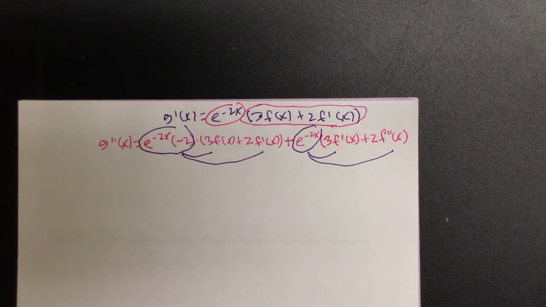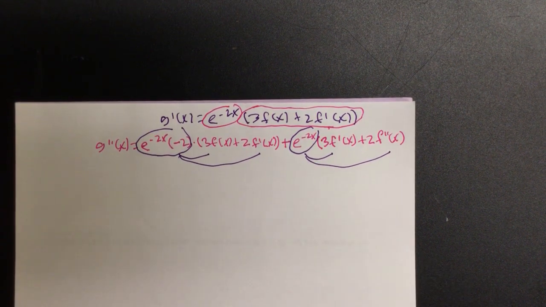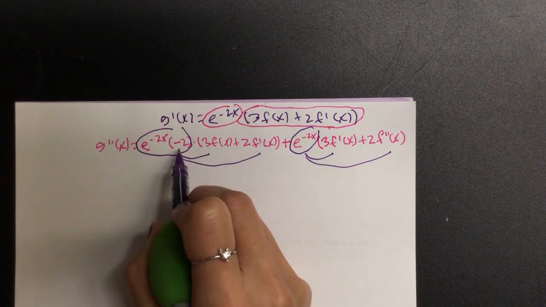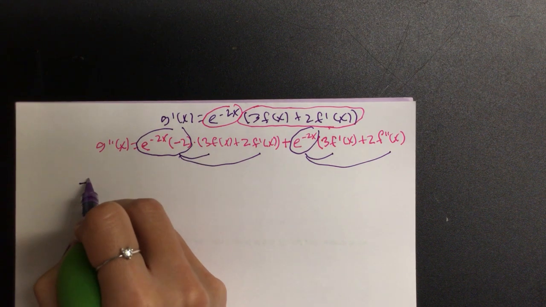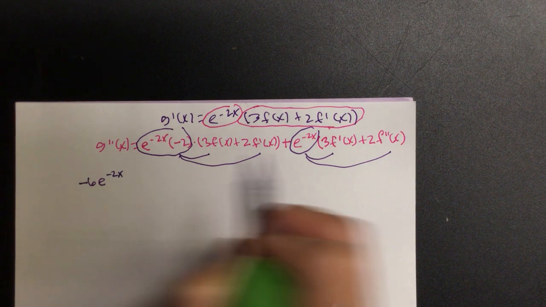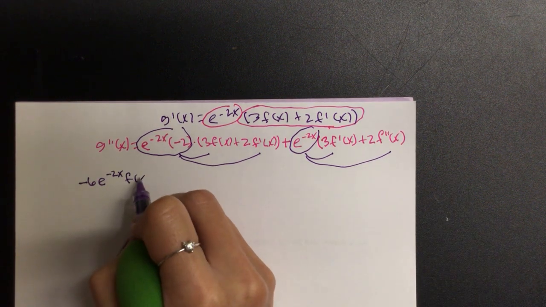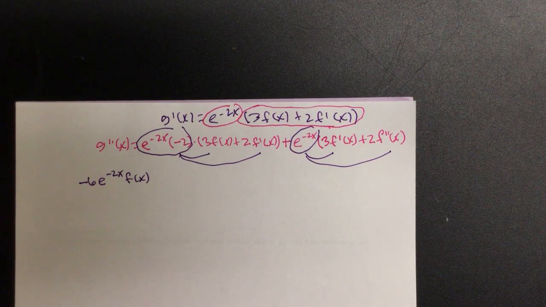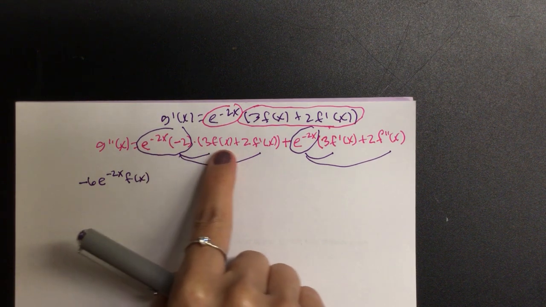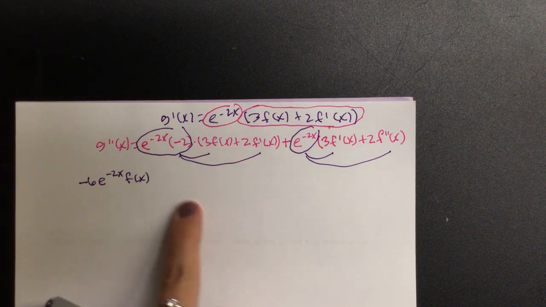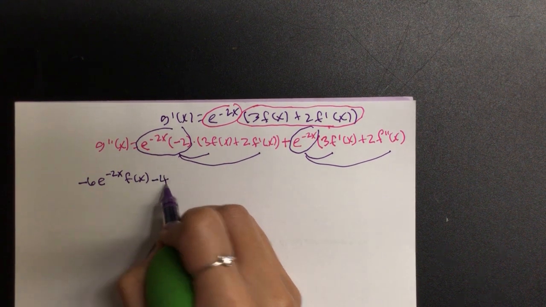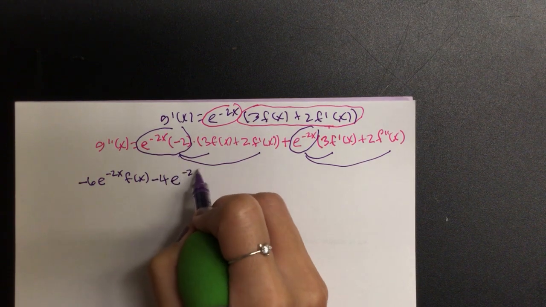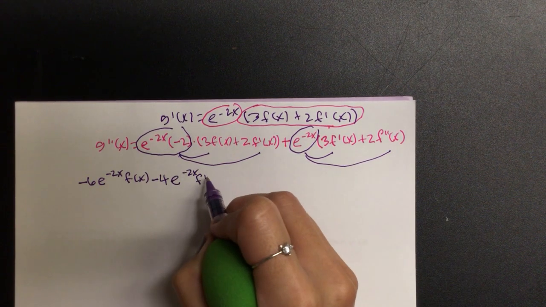Distribution means in the parentheses I have a plus or minus. So if I multiply all this with this one, negative 2 and negative 3 gives us negative 6 e to the negative 2x, and then we have f of x. Do you see how I'm multiplying this, taking this times this piece? Now we take this one times that piece, which gives us minus 4 e to the power of negative 2x, and then f prime of x.